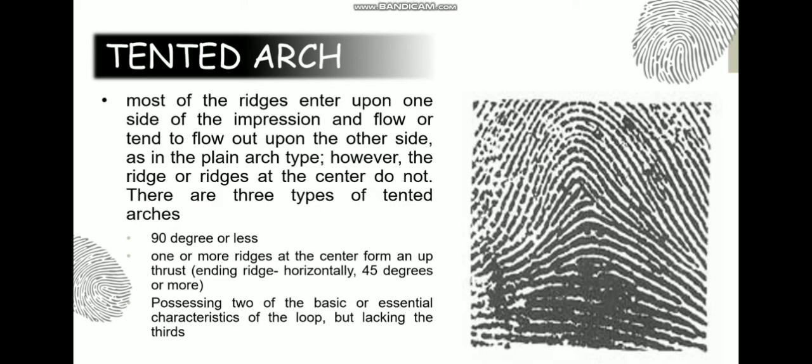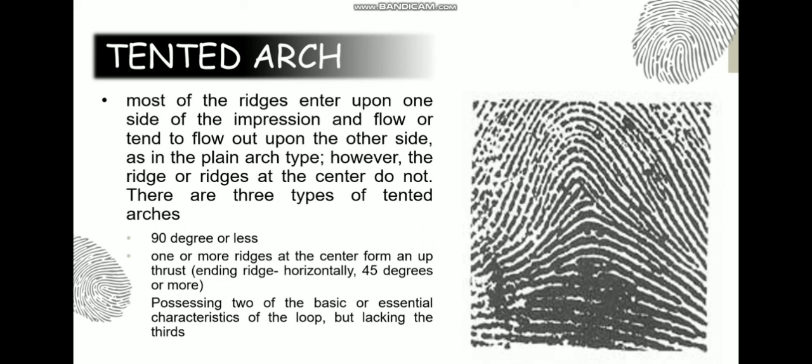So next is the tented arch. Most of the ridges enter upon one side of the impression and flow or tend to flow out upon the other side, as in the plain arch type. However, the ridge or ridges at the center do not. There are three types of tented arches.